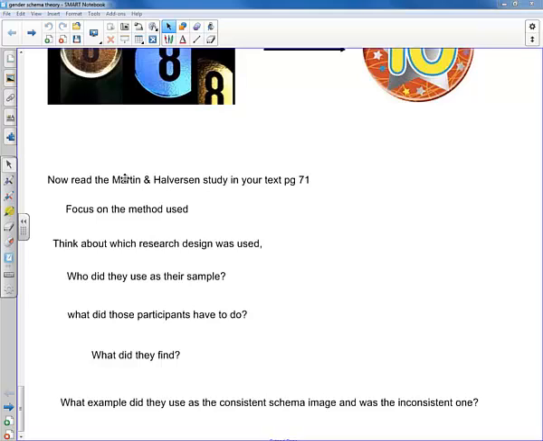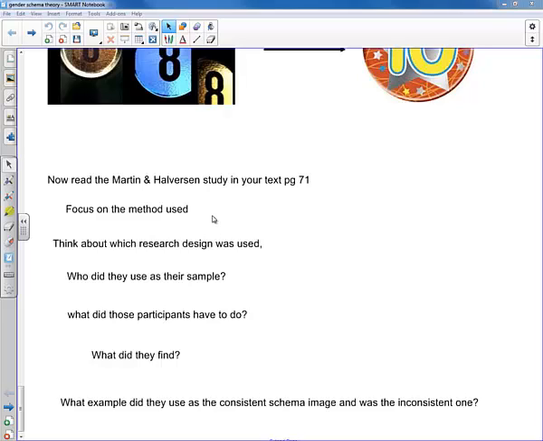Okay, so the method used. A little experiment showing 5 and 6-year-olds pictures of people carrying out activities, and some of those activities, if you remember, were schema consistent. So for example, a little girl playing with a doll, and sometimes they were inconsistent, so a girl playing with a gun.